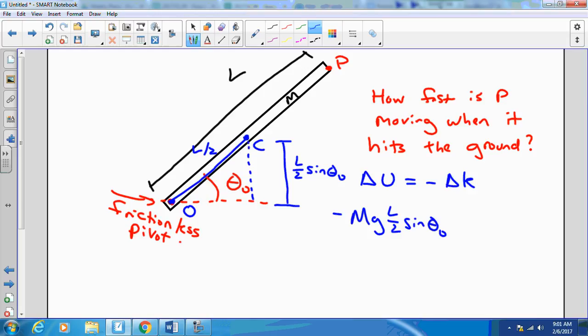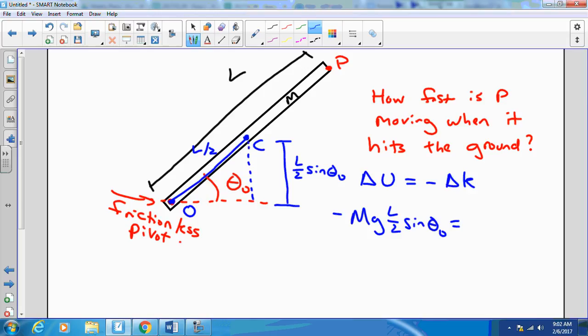And so my potential energy goes from mgL over 2 sine theta down to 0. Meanwhile, over here on the right-hand side, I need to consider how I want to express my kinetic energy.